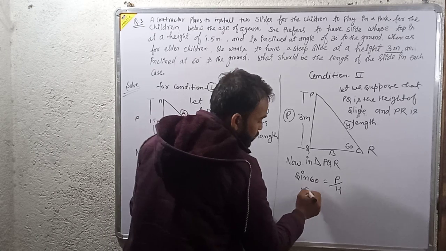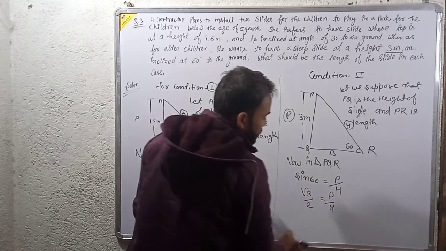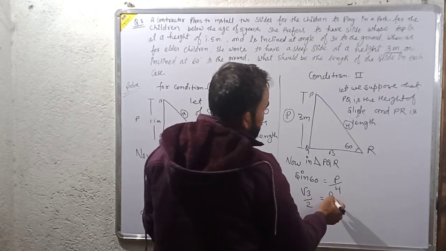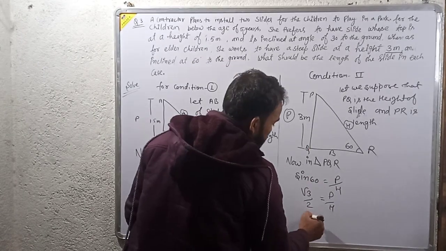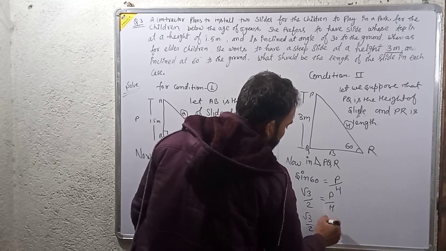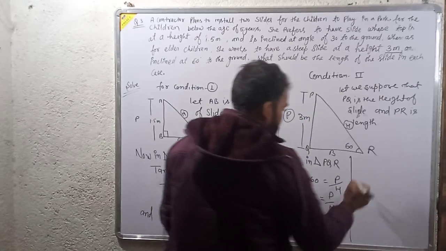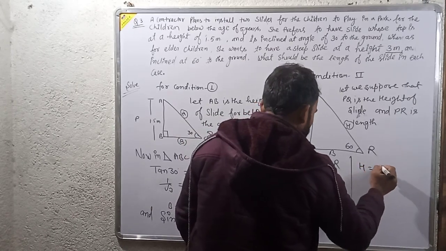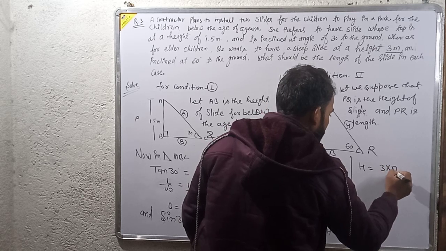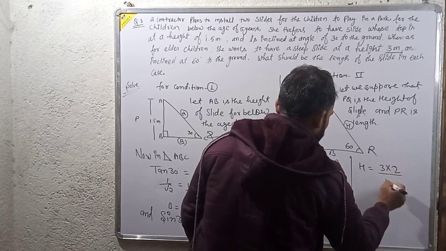Sine 60 is equal to root 3 by 2, is equal to P upon H. Here P is equal to 3 meters, so root 3 by 2 is equal to 3 upon H. H is equal to 3 into 2 upon root 3.